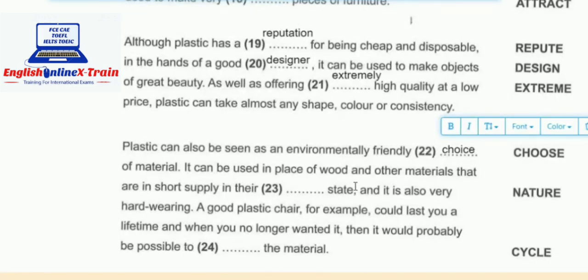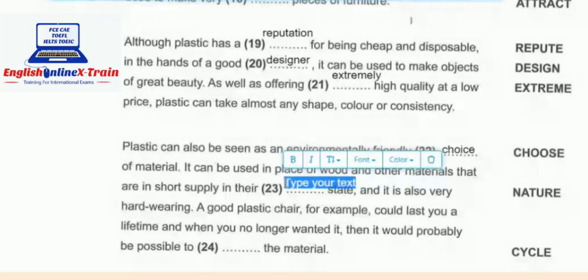It can be used in place of wood and other materials that are in short supply in their state. As we're talking about nature in this case, we need to use what kind of a state? Natural state. Yes? And it is also very hard wearing.